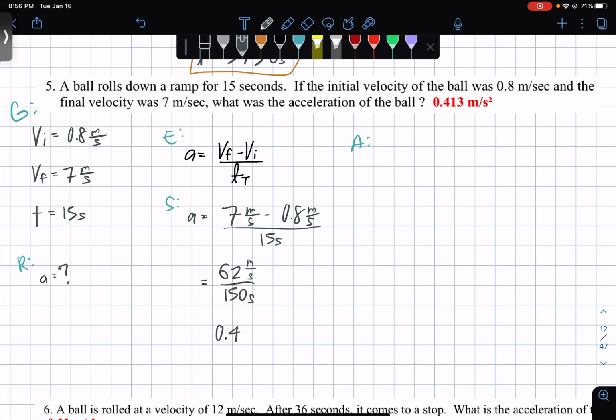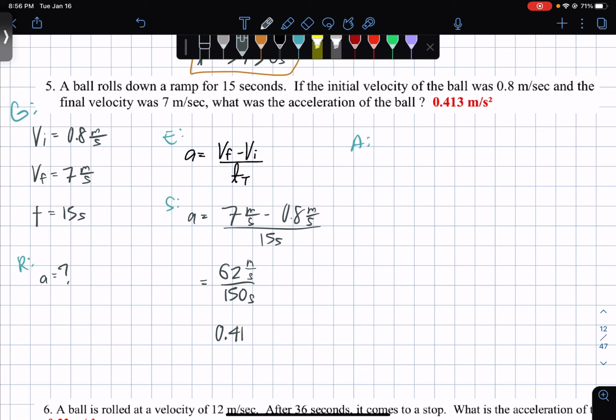Anyways, I tried to mentally solve it again, but we ought to use the calculator. So yeah, my estimate is pretty okay. It's 0.4133. It's a non-terminating decimal. Let's just write 0.41.